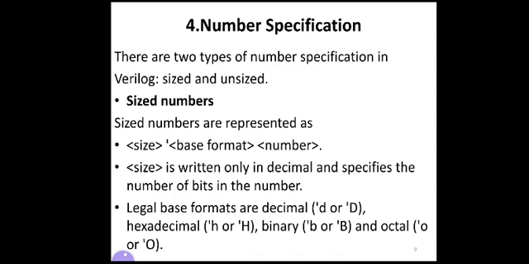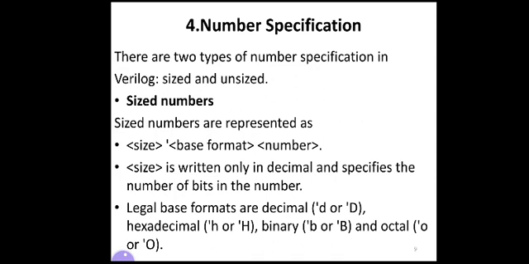Followed by the tick, as it is. Tick you have to write. Then the base format. There are 4 different base formats available in Verilog HDL: decimal, binary, hexadecimal and octal. Out of these 4, you have to specify one base format.